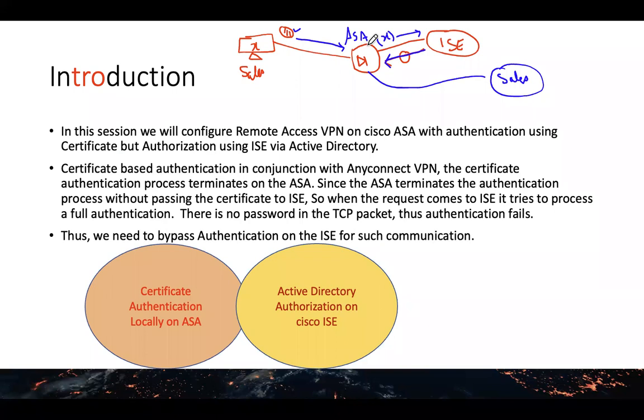So a couple of things which I personally struggled with when I was building this in my lab was how Cisco ISE will only deal with authorization, as ASA terminates authentication onto itself, and ASA doesn't pass the certificates to Cisco ISE.